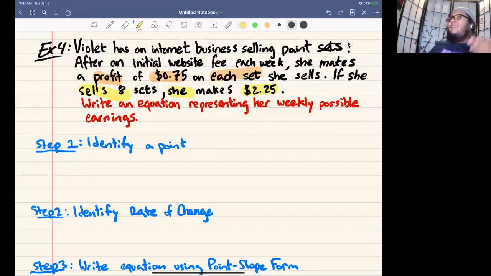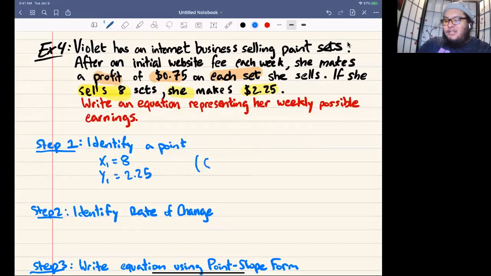We need to know how many sets she sells in order to find out how much money she makes. So the number of things she sells is going to determine our value. That's our independent variable, and that's usually going to be our x. So our x1 is going to equal 8 sets. And whenever we sell 8 sets, our input is 8 sets, and she's going to make $2.25.